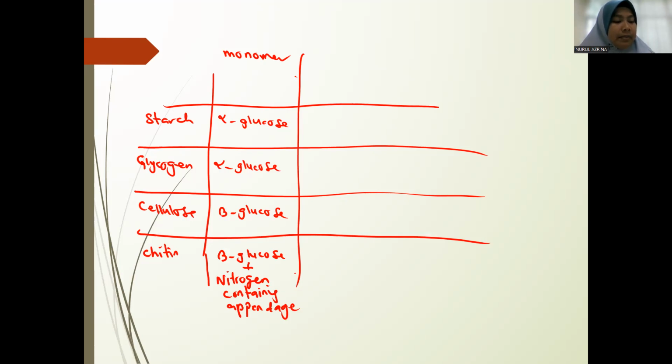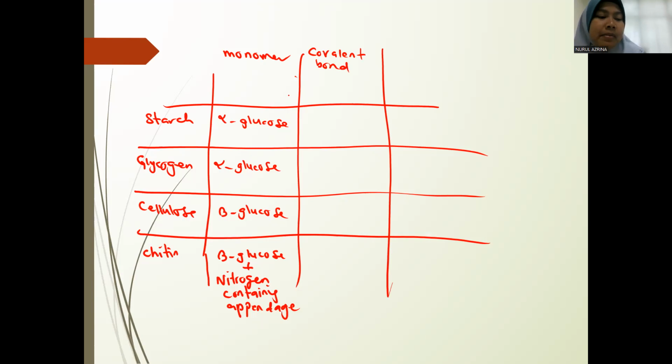Okay, second one, we are going to look at the covalent bond. Okay, covalent bond. So for starch, what are the covalent bonds found in starch? So apa dia?